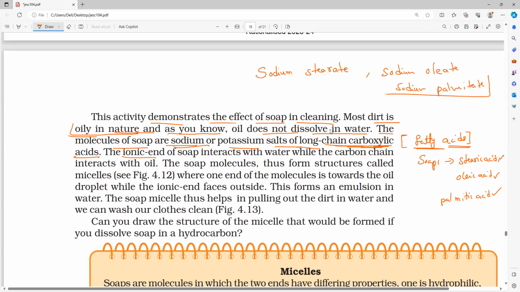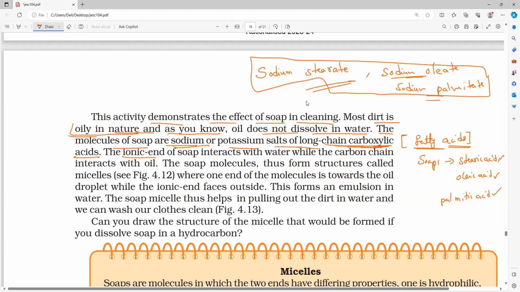These are the names of the soaps we are using. Santoor, Lux, Mysore Sandal are brands. This is the exact name of the soaps we use in our daily life.